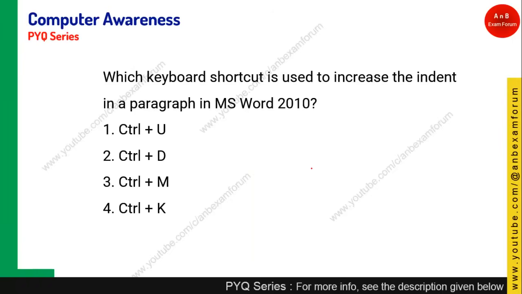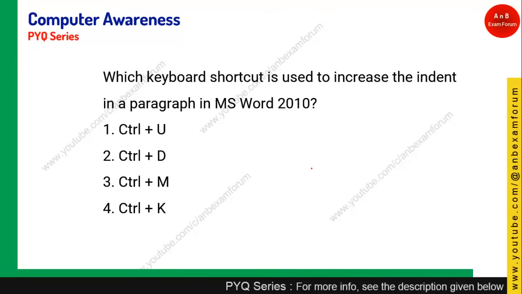Coming to the next question, it is from MS Word, and I have told you many times to go with the shortcuts. You will get one question from shortcuts itself. So let's see one by one. Control U, as you know, is for underline. So this option is incorrect, because it is not increasing the indent in a paragraph. U is for underline.